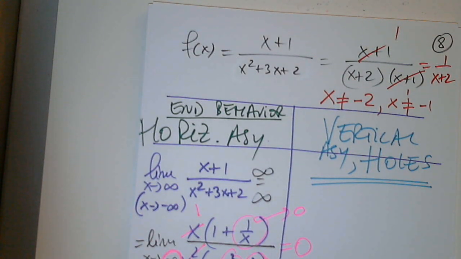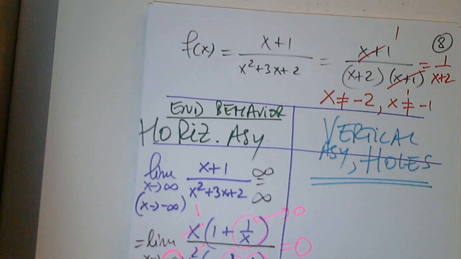However, this function has two different situations. One situation is when x plus 1 is zero, in other words, the restriction x equals -1, becomes a hole in the graph. Why is this a hole in the graph?